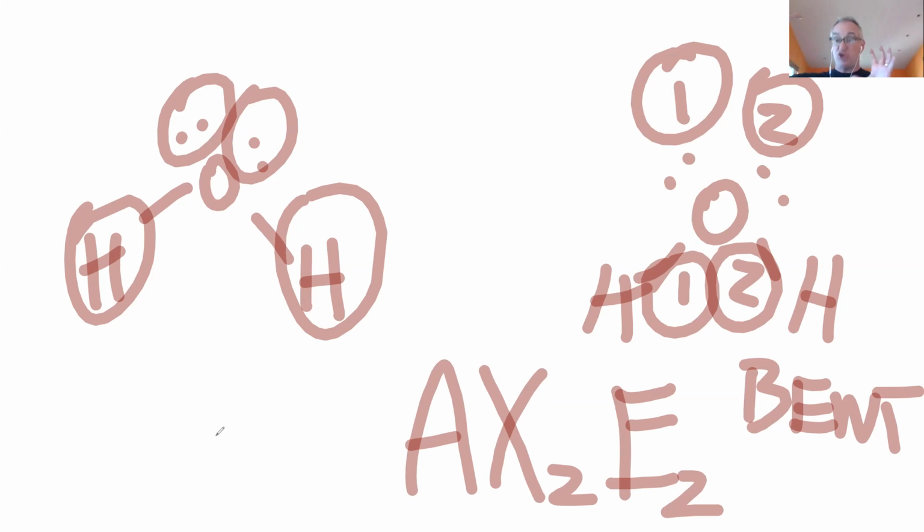So it has a tetrahedral geometry, but it has a bent shape. Because with the shape, we're not looking at the lone pairs. When we look at a molecule, we can't see the lone pairs. We can see the influence the lone pairs have on the shape, but we don't actually see the lone pairs themselves because electrons are too small to see. We can see the atoms, but we can't see the electrons.